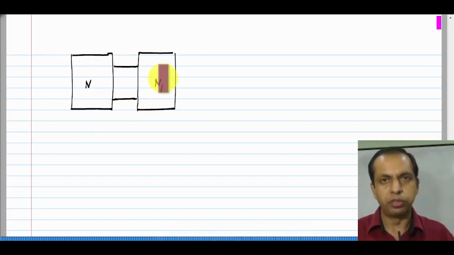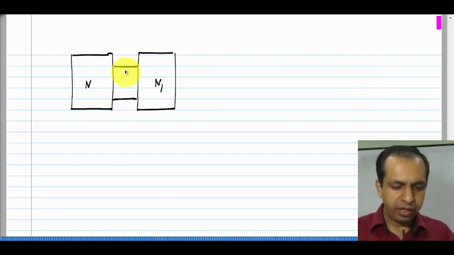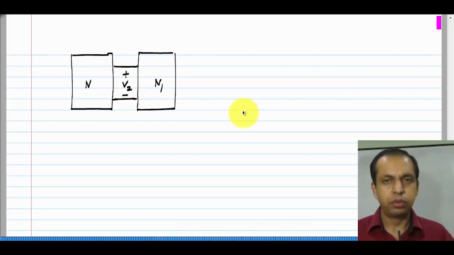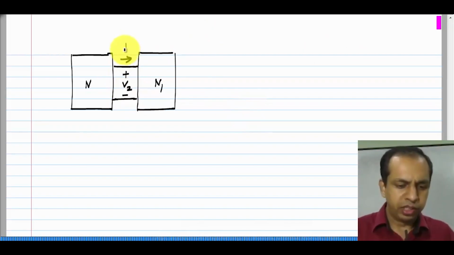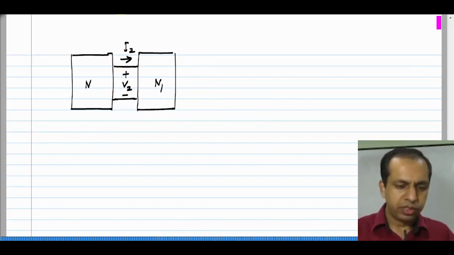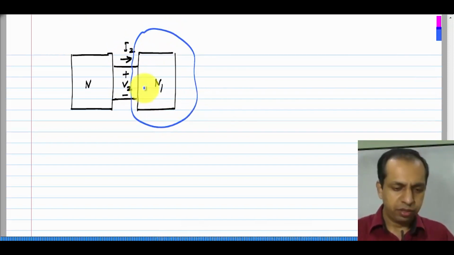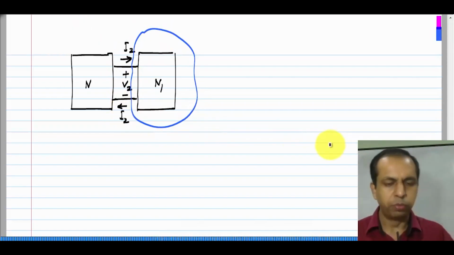Inside there may be lots of components, but this circuit and that circuit are connected only at these 2 points. And it turns out that the voltage across this is, let us say V2 and the current going that way is I2. Now, because this is connected only at these 2 points, applying Kirchhoff's current law for this entire surface enclosing N1, we see that the current coming back that way also has to be I2.